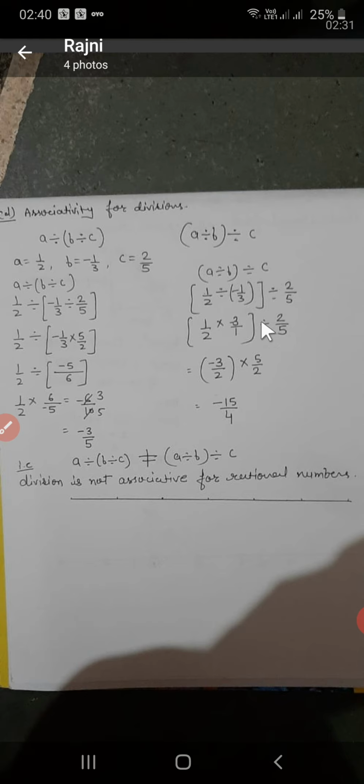This division sign you change into multiplication, so 2 by 5 will reverse and you keep 5 by 2. Now 2 2s are 4, 5 3s are 15. Minus plus, what sign will you keep? Minus. So see, left hand side you got minus 3 by 5, right hand side you got minus 15 by 4. Both the values are not equal, so we say division is not associative for rational numbers.